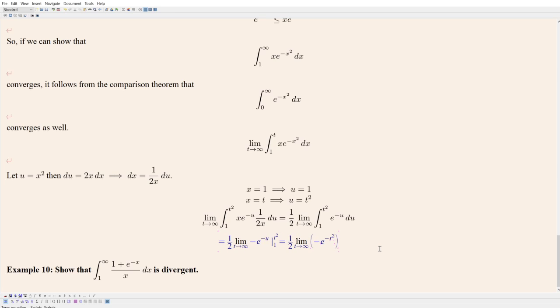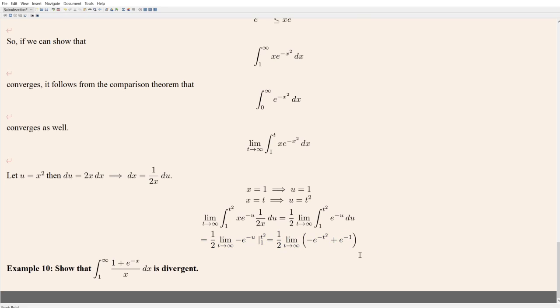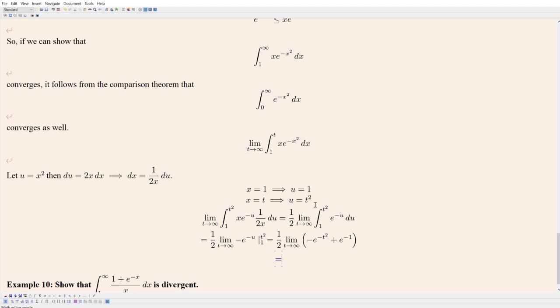So now just plug in the bounds. Okie dokie. So what happens? Well, as t goes to infinity, this becomes e to the minus infinity. E to the minus infinity is 0. So this chunk all goes away. So we end up with e to the minus 1 over 2.